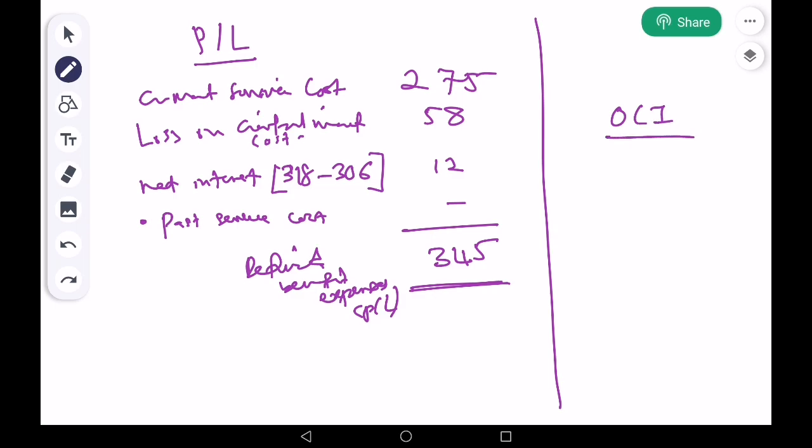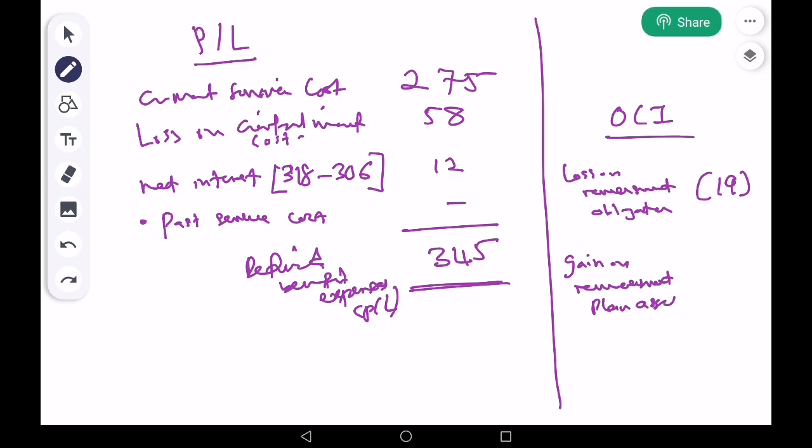How about OCI? So what is your net gain? Just now you got loss on remeasurement of obligation, which is 19, because your liabilities increase. Then you got gain on remeasurement for plan asset. 89, right? Just check.